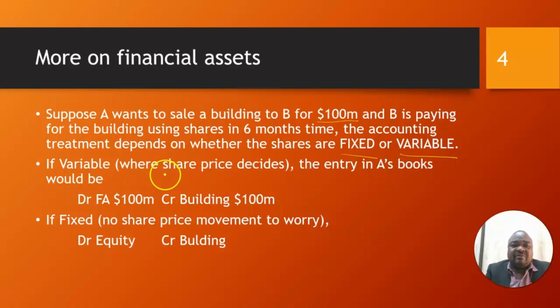If variable, where the share price decides, the entry in A's books would be debit financial asset 100 million and credit the building. We are receiving a variable amount of equity instruments linked to our share price.